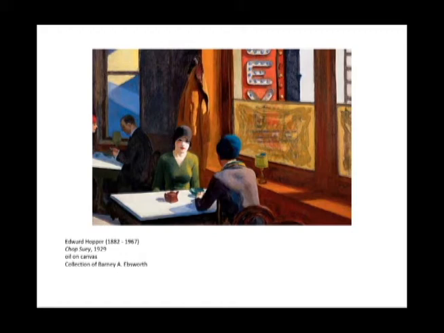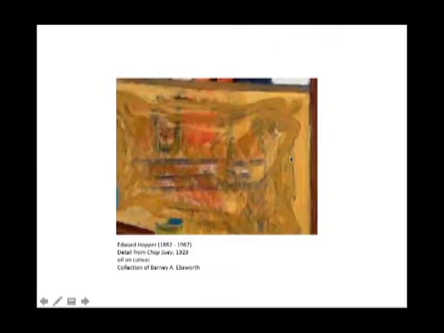People aren't quite sure what it is, but they're sure that Hopper intended it to be something, that there was something there that he was responding to, because he goes to quite a lot of trouble to overpaint a sign that he had painted in some detail, apparently, before he painted the window over it. Very abstract all by itself, but it plays its part in the representation when you see it in the whole painting.